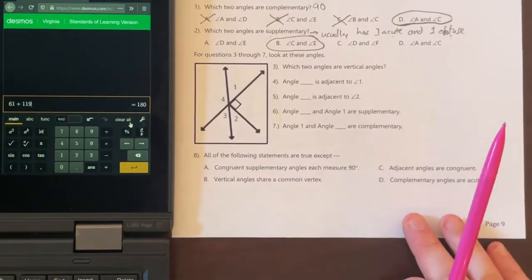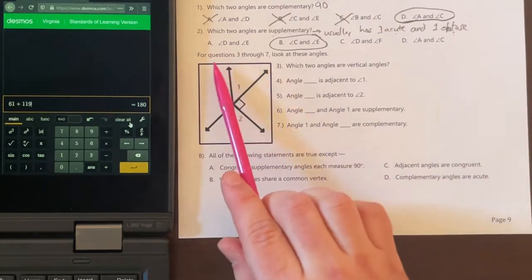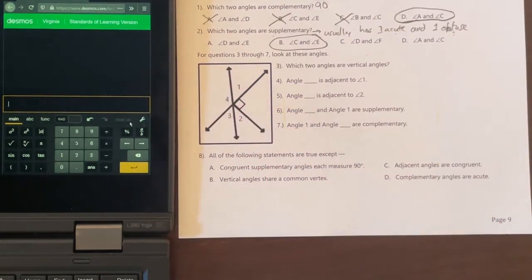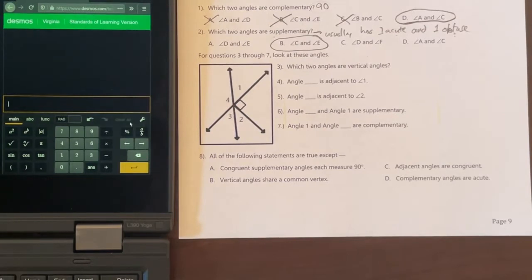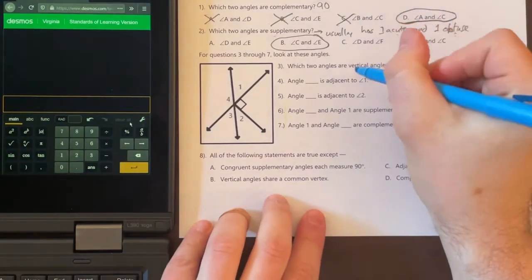All right, moving on. For questions 3 through 7, look at these angles. Which two angles are vertical angles? All right, so they have to form that X. Let me use another color. I can say, all right, two angles are vertical angles.